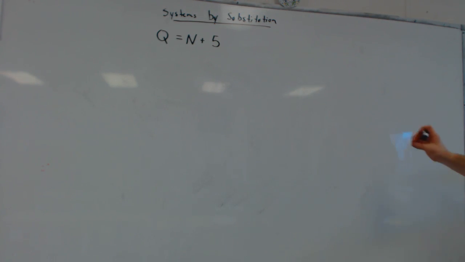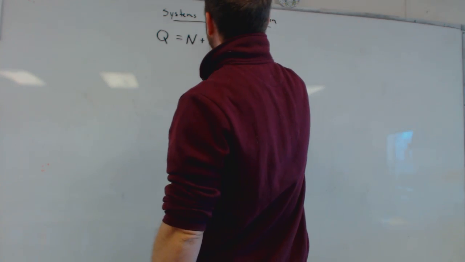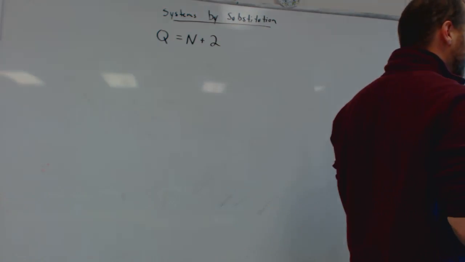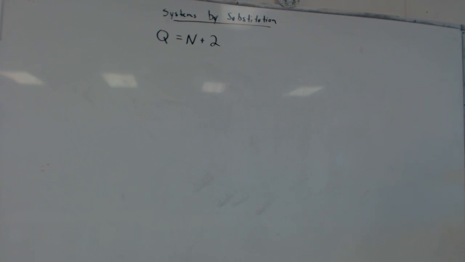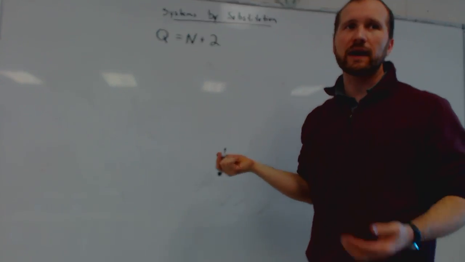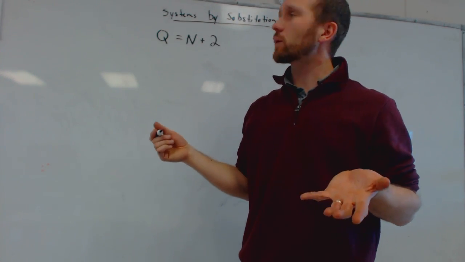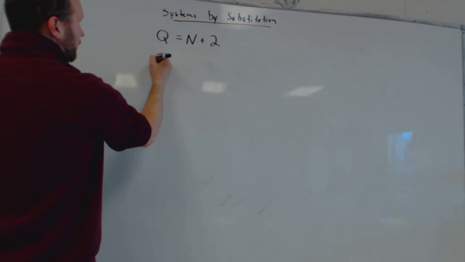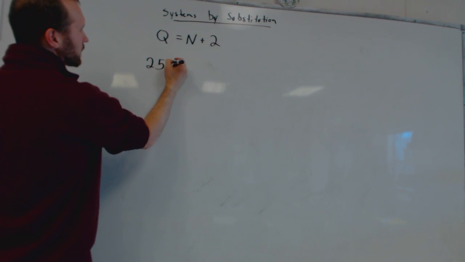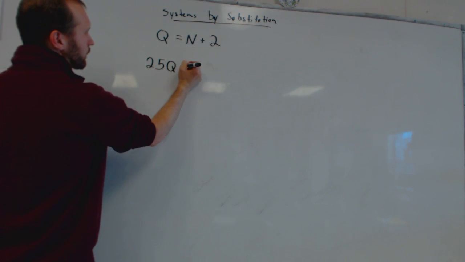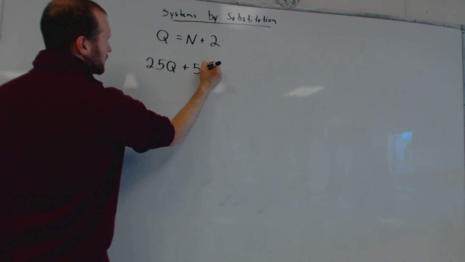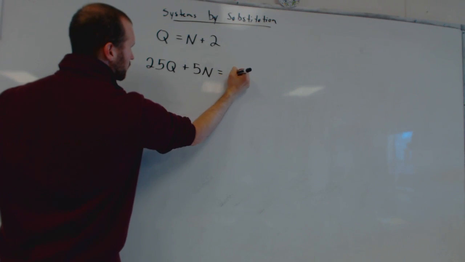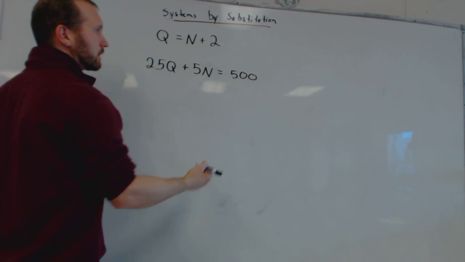No, I didn't. I said plus 2. Good thing I checked, because then it wouldn't have worked. Okay, and then I also told you that I have a total of $5. And I'm just going to give you the equation for that right now, which is if I took the number of quarters times 25 and 5 times the number of nickels, that would equal 500.